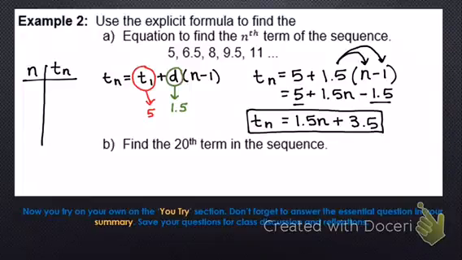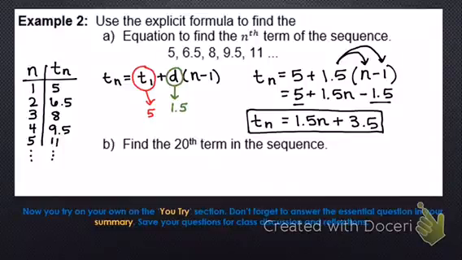So we have the first 5 terms in our sequence. So our n's are the first term, second term, third term, fourth term, fifth term, so on and so forth. So I'm going to do my little dots to help me out there. So we have our first term as 5, 6.5, 8, 9.5, 11, and then that pattern is going to continue.